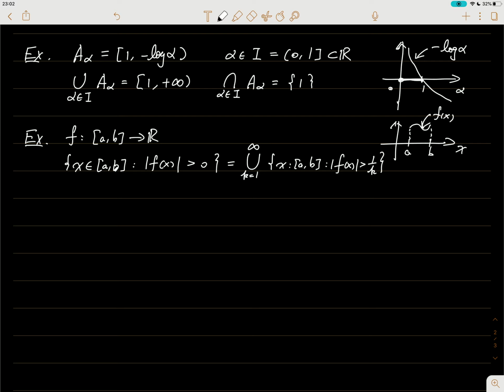It's a positive number, which means that for some point x, the value of f at x is bigger than some 1 over k. So you take the union, that just means any number between a and b such that f of x is bigger than 1 over k.